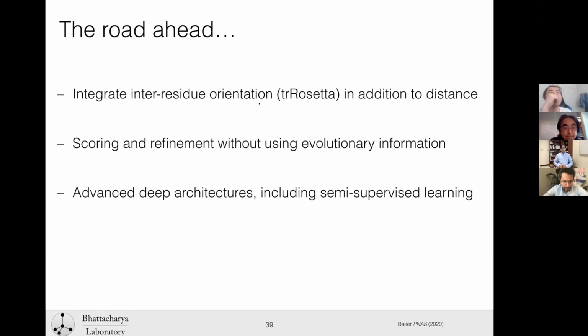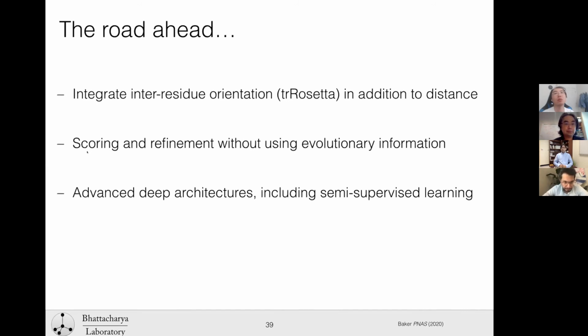For example, in QDeep, we can integrate orientation information from methods such as trRosetta. But another important point is, in the QDeep method I discussed, we have been not explicitly but implicitly using evolutionary information, because all our features are internally using evolutionary sequence profiles.